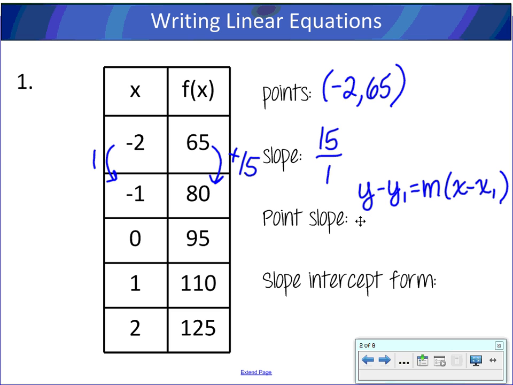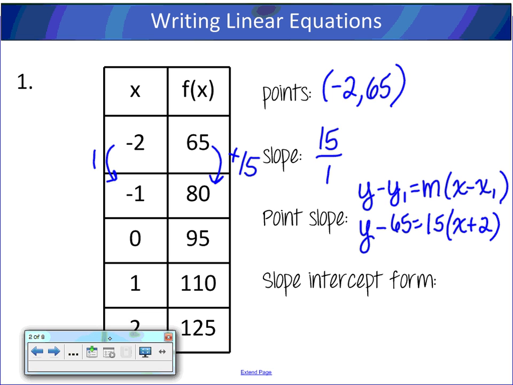I'm going to fill in what I know: y, and then we chose to use 65, so we have to make it the opposite. So it's subtract 65 equals the slope 15 over 1, which is just 15. And then we've got x, it was a minus 2, we have to make it the opposite, so it's plus 2.